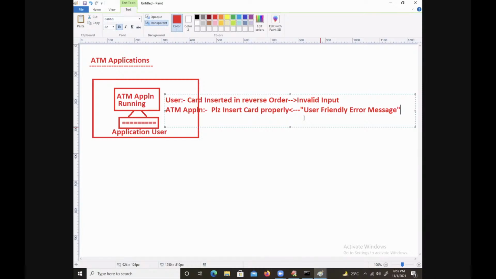User-friendly error message. That means a screen unlock program is there internally, which checks your original pattern against the drawn pattern. If both match, the screen is unlocked. Otherwise, it says a message back to you: invalid pattern or invalid pin. What is that message called? User-friendly error message.